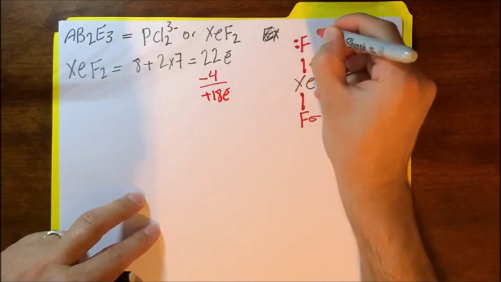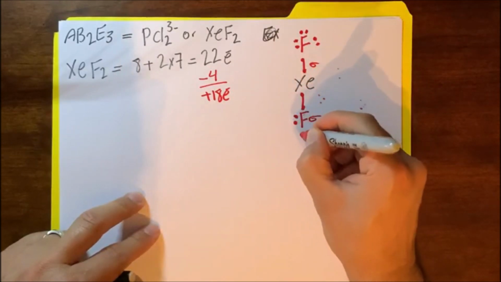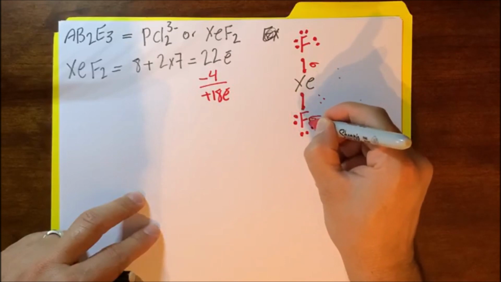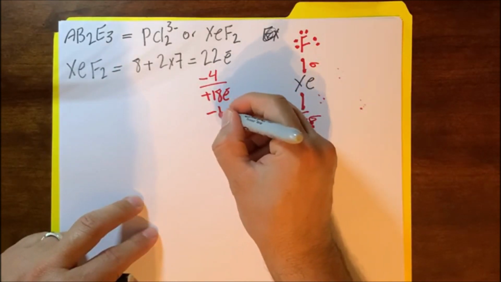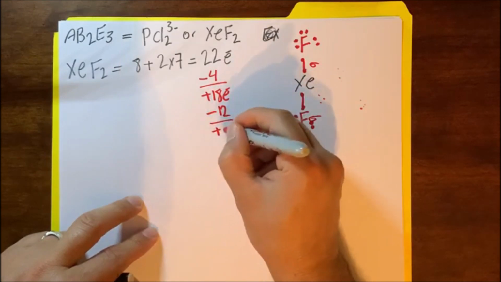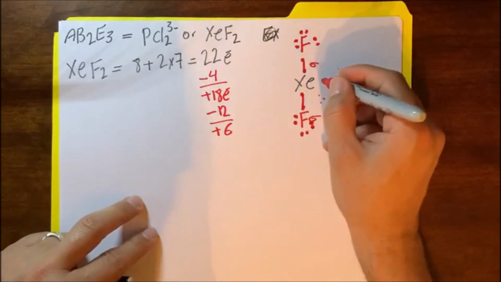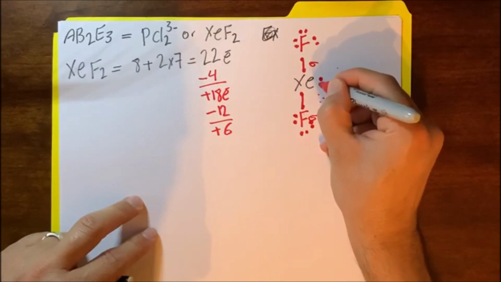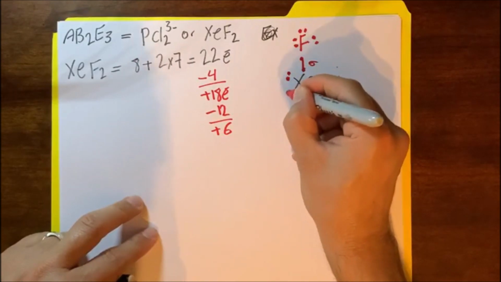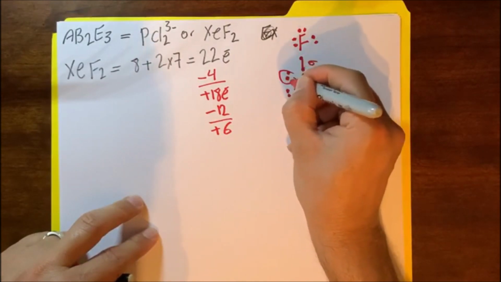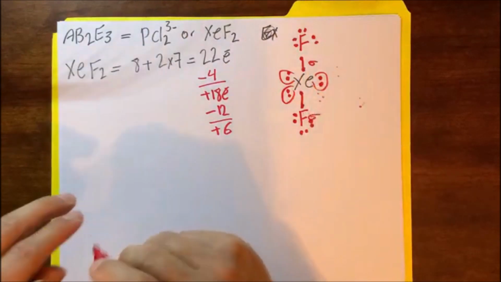Give each fluorine 6 electrons and make it an octet. So minus 12. Now we are left with 6. You don't have any option. You give xenon 3 lone pairs. 1, 2, that's the third lone pair.